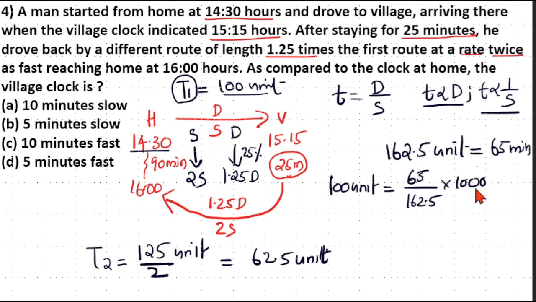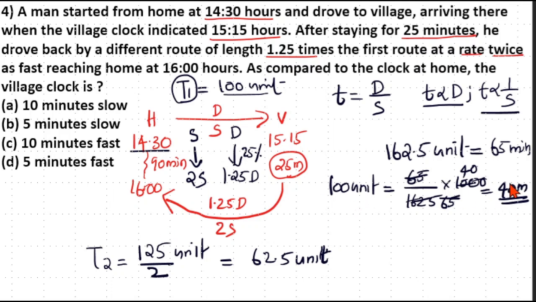If I add 0 here, this will become 1625. Now 25 goes 4 times in 100, 40 times in 1000. 25 goes 25 times in 625, so 40 plus 25, 65. So 25 goes 65 times in 1625. Here 65 cancels, remaining is 40 minutes.